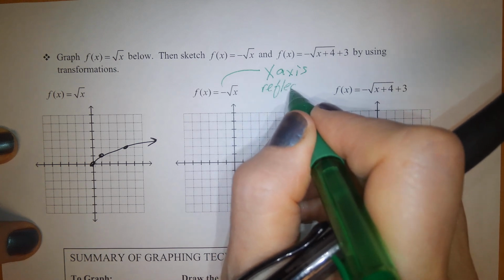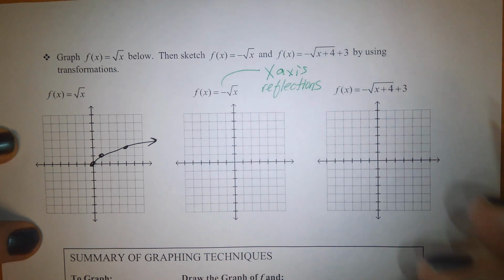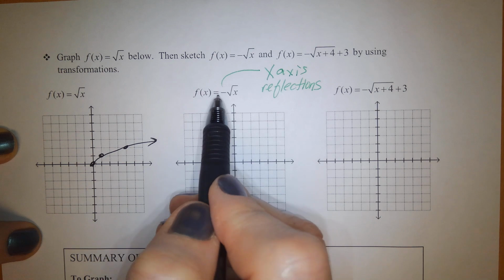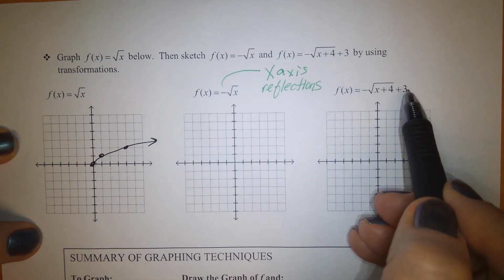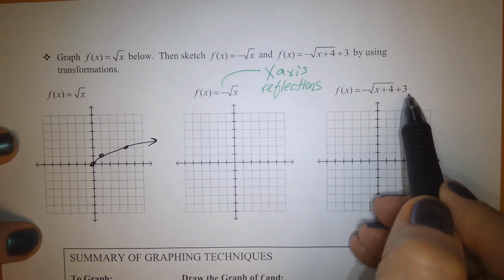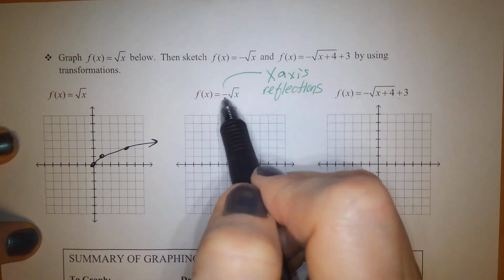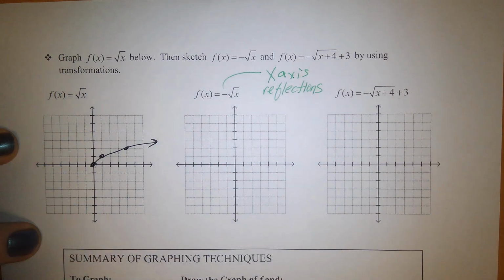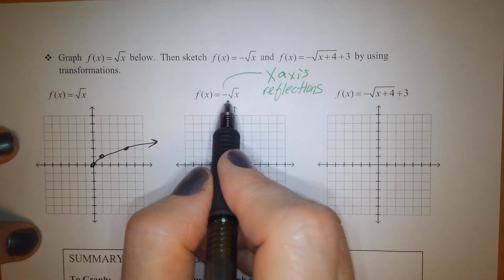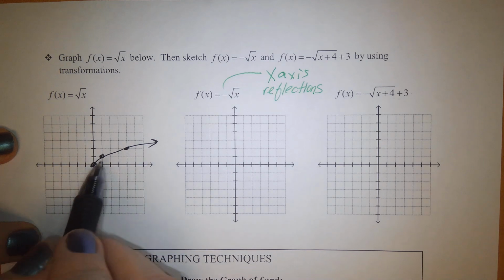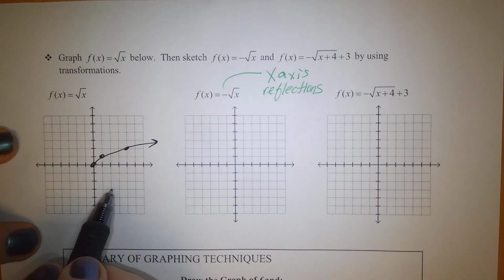Always do what's on the outside first, just like using PEMDAS, meaning do your multiplications first before you do any additions and subtractions. If you shift first and then do your reflections, you will get a wrong graph. So let's first do the x-axis reflection. So we're going to take this graph, we're going to flip it over the x-axis, so it'll be down here in quadrant 4.